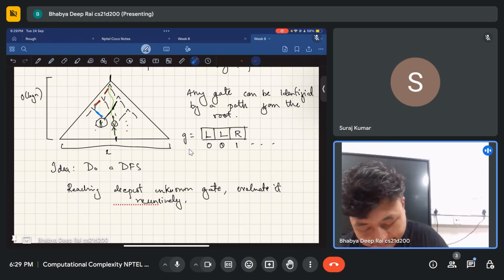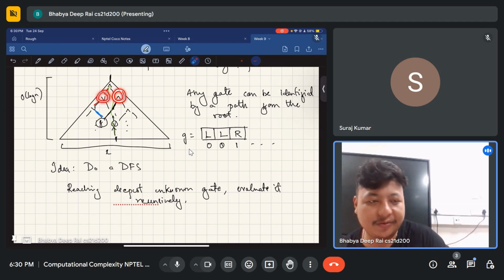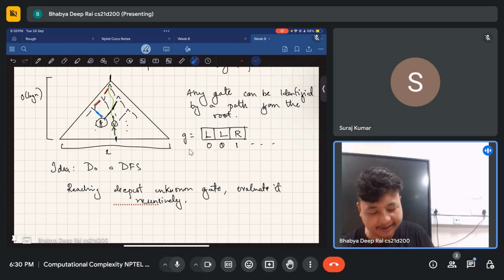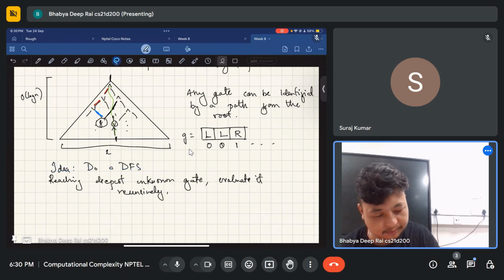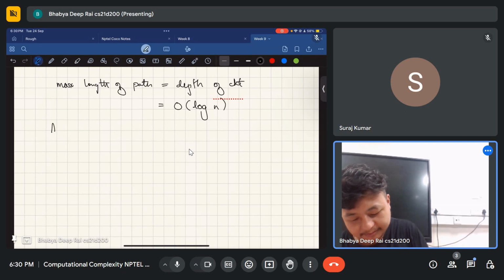Now, what we do is, I want to know the output here. I will recursively check what is the output here, and I'll recursively check what is the output here. So I'll write the algorithm. Take the root gate.